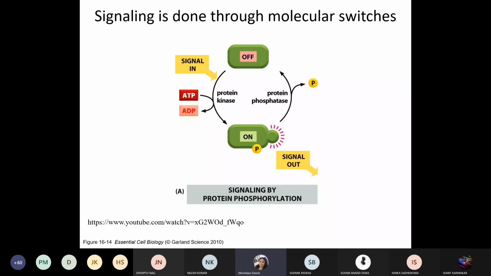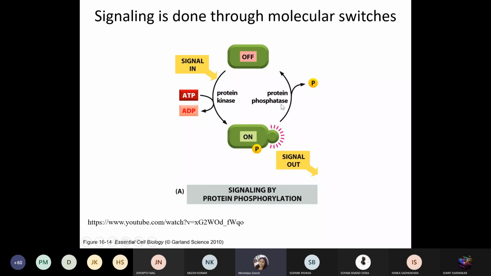When ATP is invested and loses one phosphate, from triphosphate to diphosphate, one phosphate is released, and this phosphate is attached to the signaling receptor, and they enact.